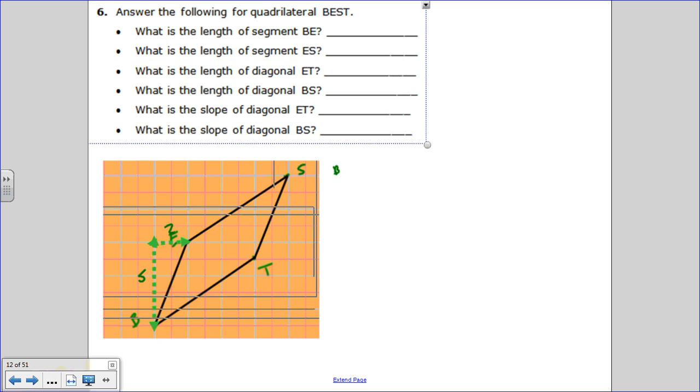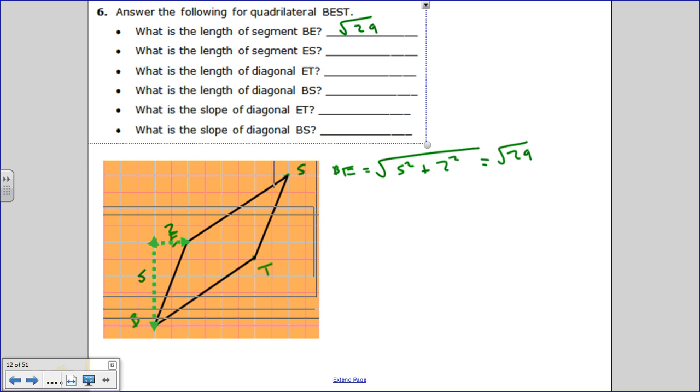So BE is equal to the square root of 5 squared plus 2 squared, which is 25 plus 4, which is 29. And that's prime, so I have to stay root 29.